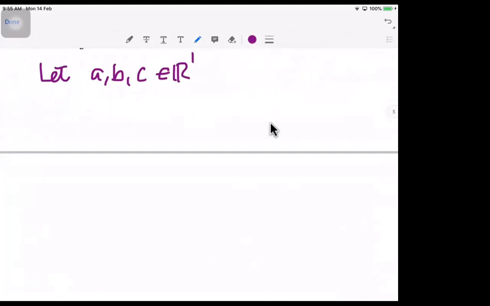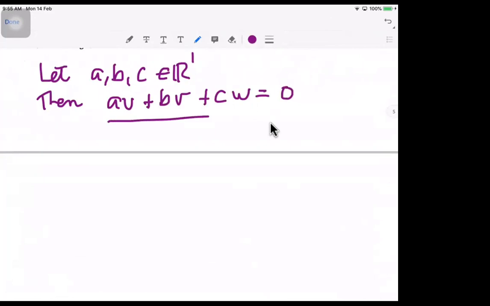So these are constants, and then AU plus BV plus CW equals 0. If this is equal to 0, we want to show that A, B, and C are equal to 0.